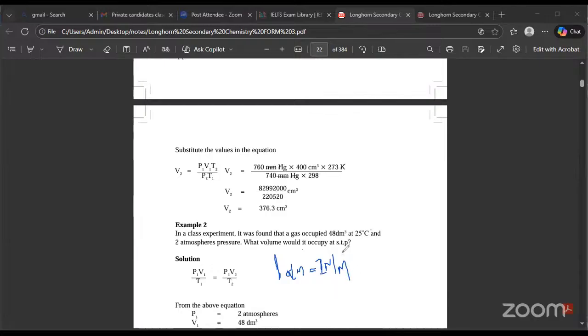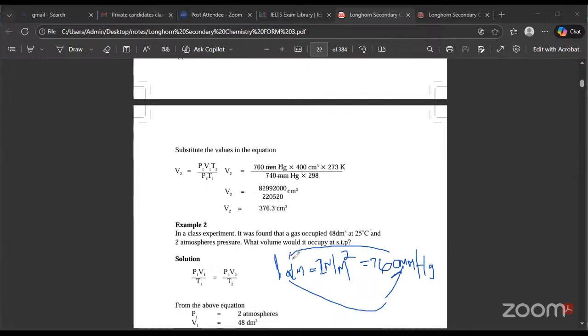In physics we teach this one, even how it is calculated. One atmosphere is equivalent to 760 millimeters of mercury. So you can convert it. You can choose to come from the 2 atmospheres upward, or go back from this place.